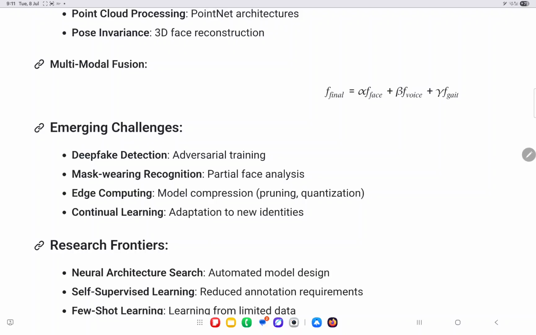Another problem for face recognition during the COVID era was people wearing masks over their mouth, so only a partial face was visible. As humans we can usually recognize who the person is, and the best accuracy for face verification, which is just comparing whether the person is the same or not, binary classification with a mask, is around 91%, and identification is extremely difficult, or we can say almost negligible accuracy, or zero.